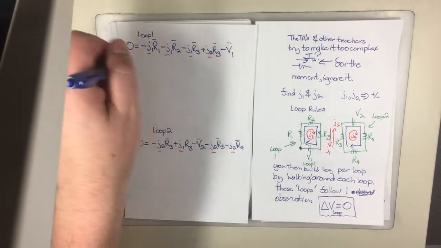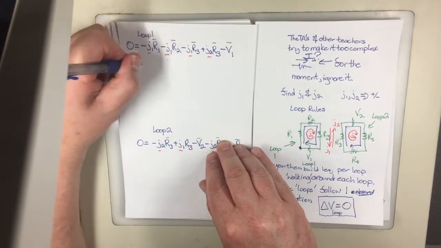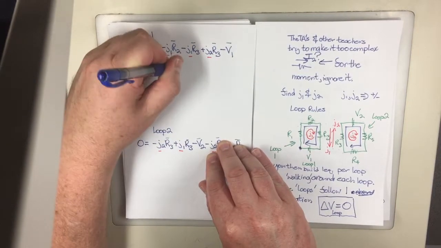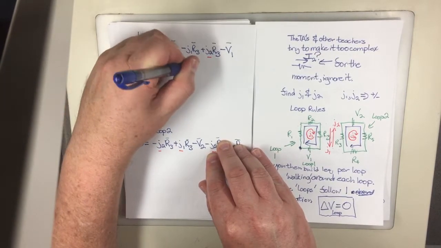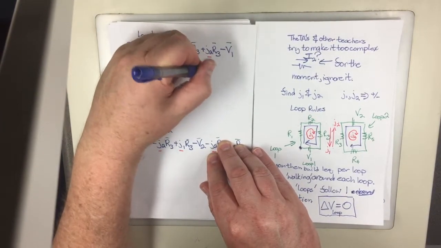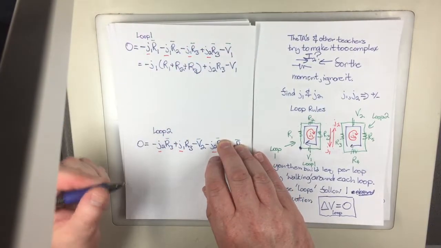I'm going to rearrange and factor out the J1s so that it is minus J1 (R1 plus R2 plus R3) plus J2 R3 minus V1.